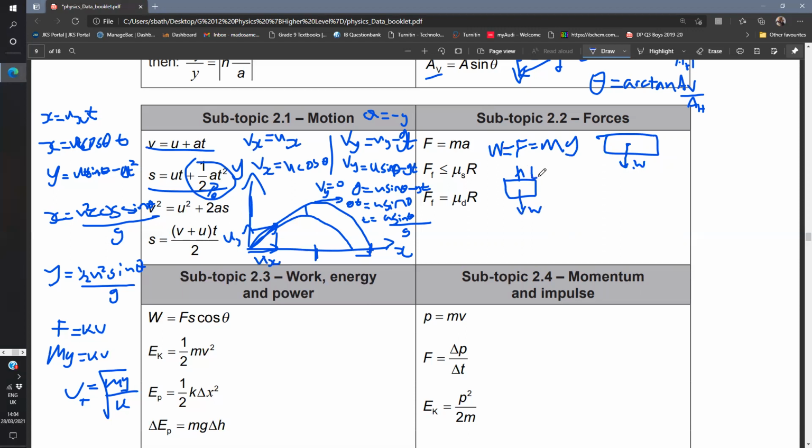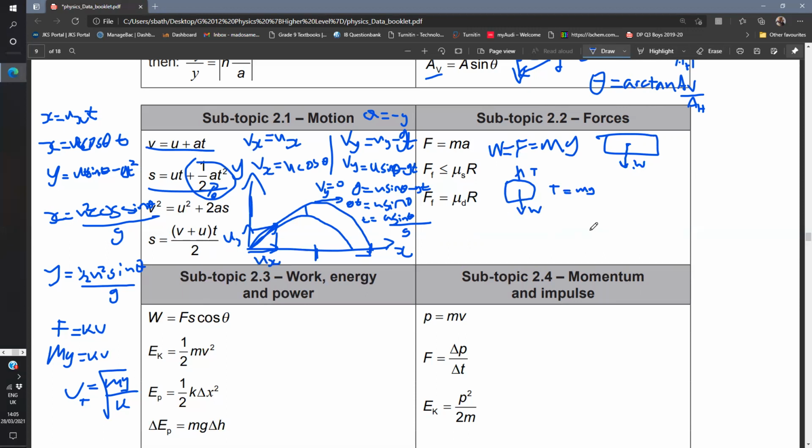This is W, this is capital T, tension. So here tension is equal to mg, since it's not falling or going up.